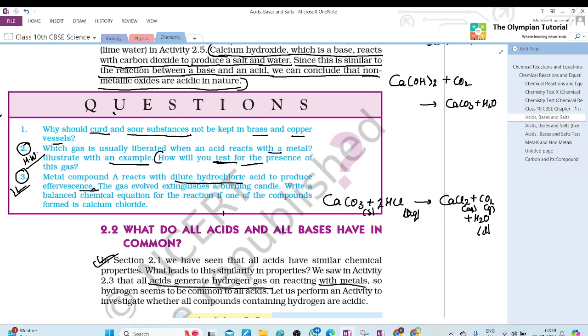If it is 2 marks, write the word equation also, like metal carbonates react with acid to give salt, carbon dioxide and water. Suppose you get a question of 3 or 4 marks, then write it in detail: when metal carbonates react with acid, salt, carbon dioxide and water are formed, and carbon dioxide extinguishes a burning candle. But you have to focus on the marking of the question.